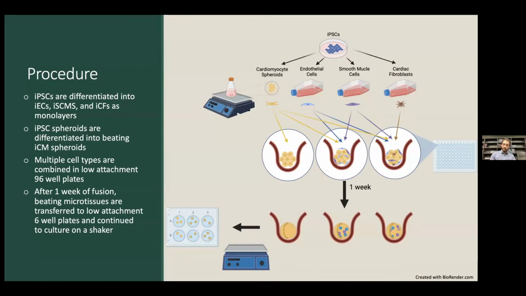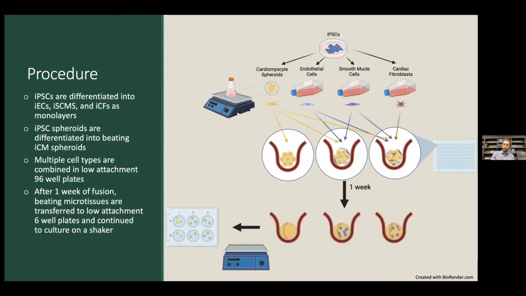Because those have the ability to expand, we are culturing those as a monolayer and adding those into these structures as single cells. So the cardiomyocyte spheroids as spherical structures are either combined with endothelial and smooth muscle, or with endothelial, smooth muscle, and cardiac fibroblasts in low attachment U96 well plates.